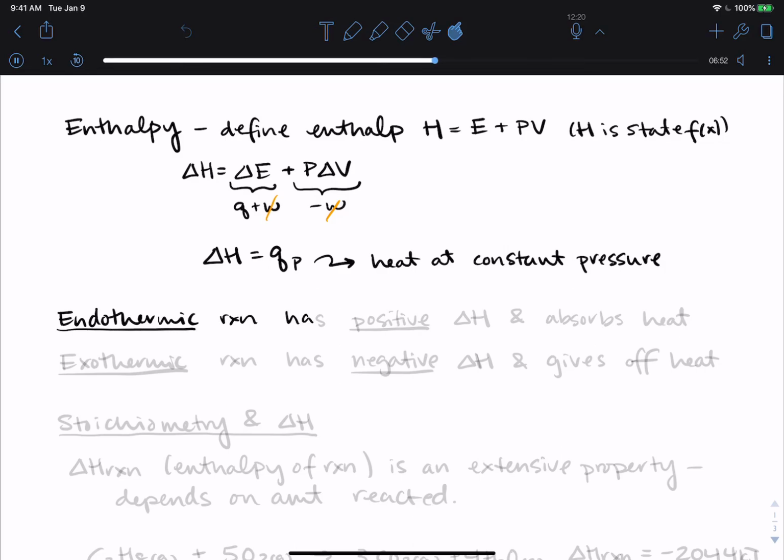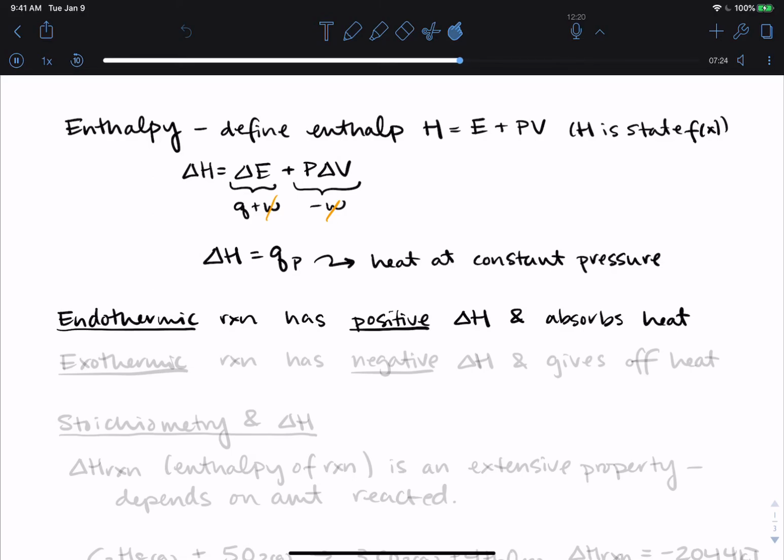It has a positive delta H value. Just like the heat value was positive when something was absorbing heat, because that translates directly to enthalpy, if delta H is positive, then it's an endothermic reaction, and it absorbs heat.